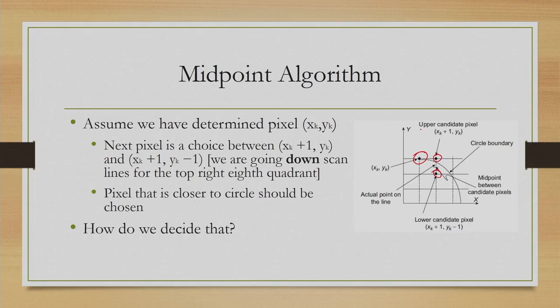Again we can call them upper candidate pixel and lower candidate pixel. And in this case, note that we are going down along this direction, down the scan lines, and our objective is to choose a pixel that is closer to the circle. Now, how do we decide which of these two candidate pixels is closer to the circle?